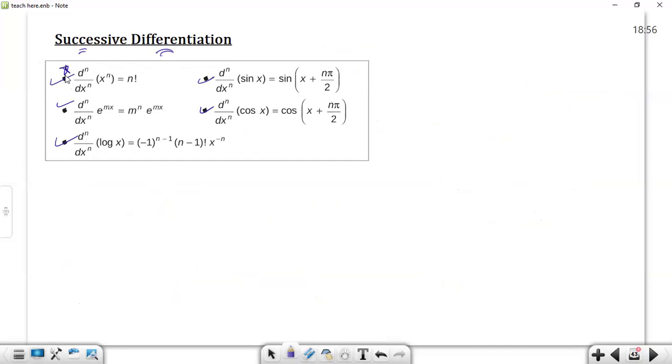This is important, this is also important, and this is also important. So you have to remember all these formulas and the logic behind them, that we are differentiating this particular function n number of times, and the derivative will come out as n factorial.